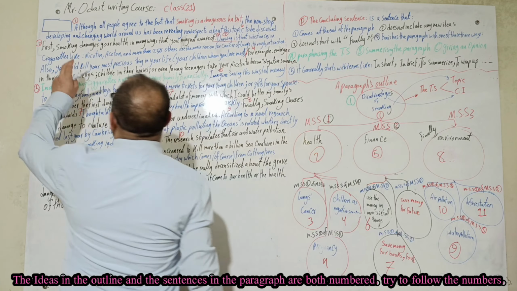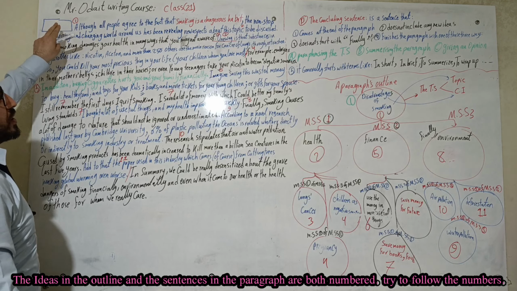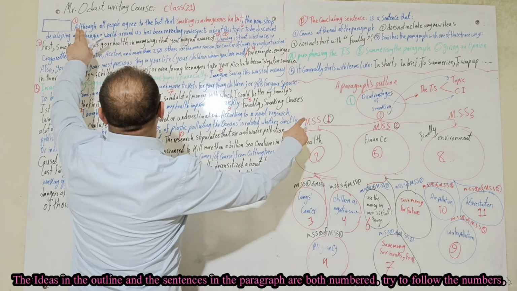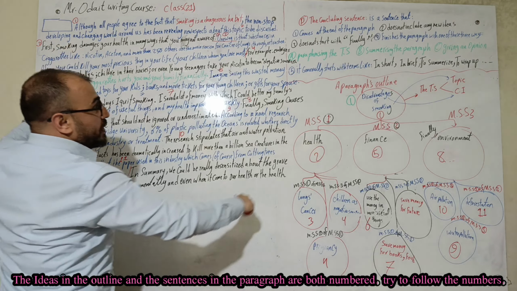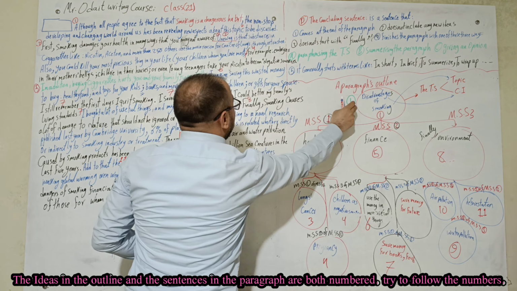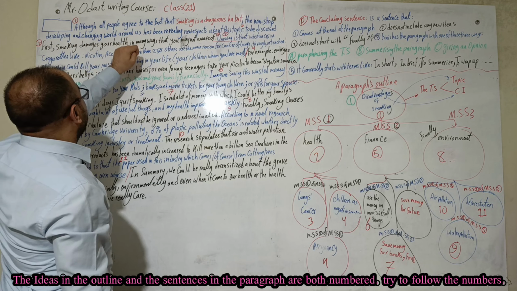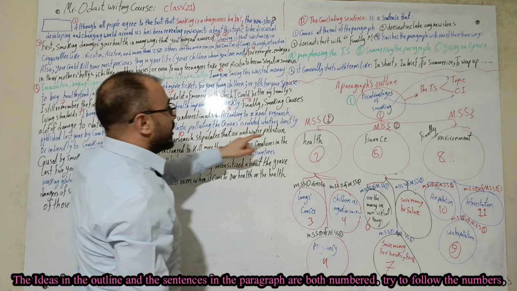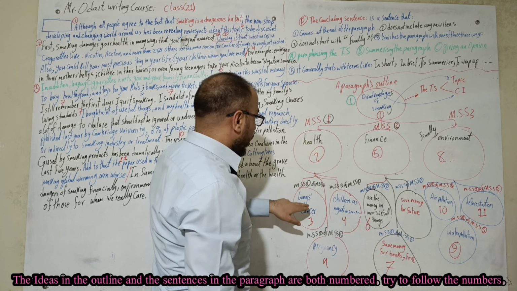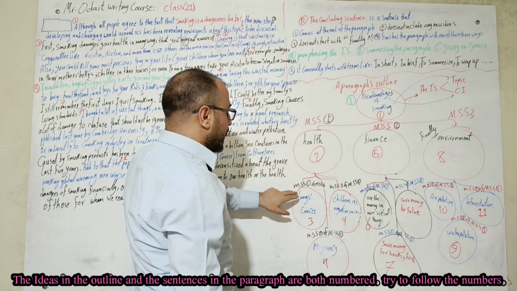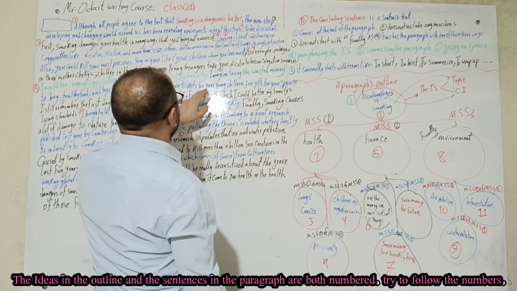And on the other hand here, my friends, as you see, I give the same numbers for the same ideas in the paragraph. For example, the topic sentence took number 1, here and there. In number 2, you see the major supporting sentence, and in number 3, here we have the first minor supporting sentence of the first major supporting sentence.